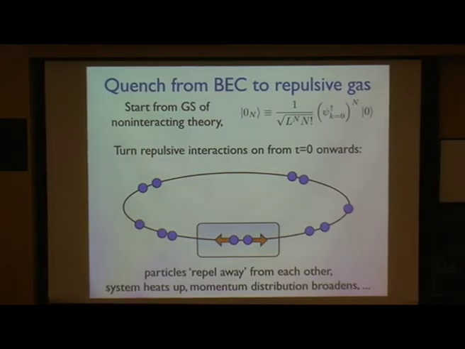Okay? So, of course, before t equals 0, the particle positions are completely uncorrelated, except for the bosonic statistics. But from t equals 0 onwards, when you turn on the repulsive interactions, if two particles happen to be close to each other, they will explode away from each other. So the momentum distribution is going to broaden. You're going to heat up the system quite substantially, and the question is, what happens here?